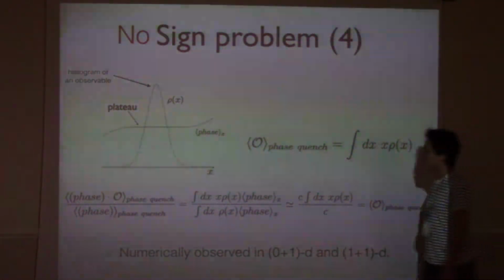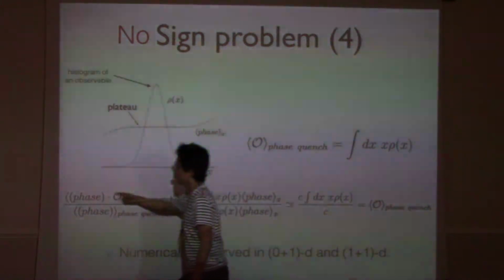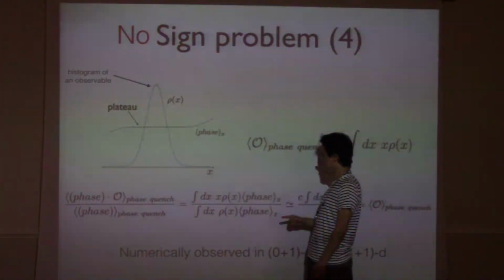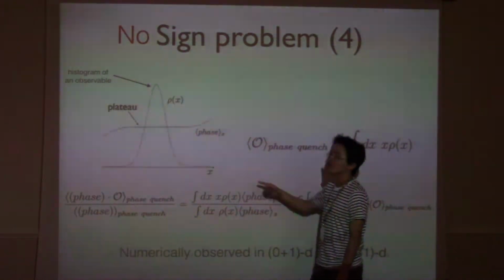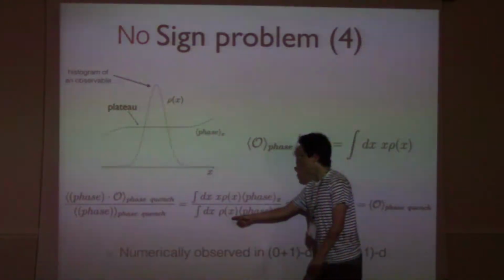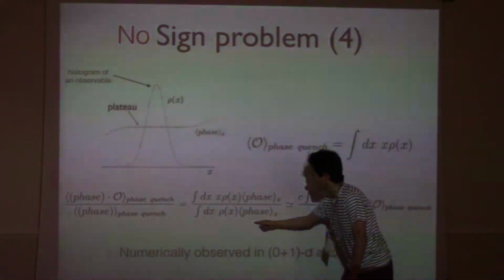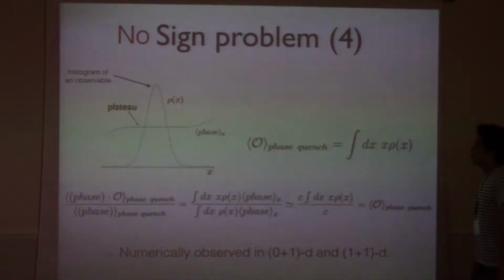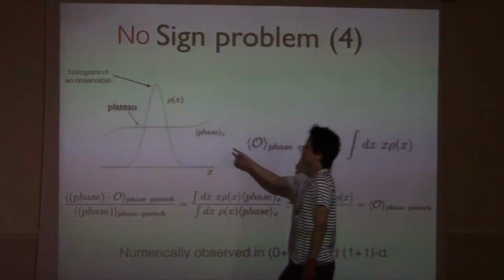What does it mean? This numerator is written as the integral of x times rho of x times the phase at each value of x. And this is written as rho of x times the value of the phase at x. So here we don't have x here. But this phase is constant anyway.